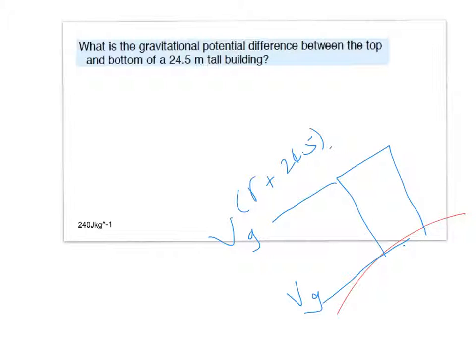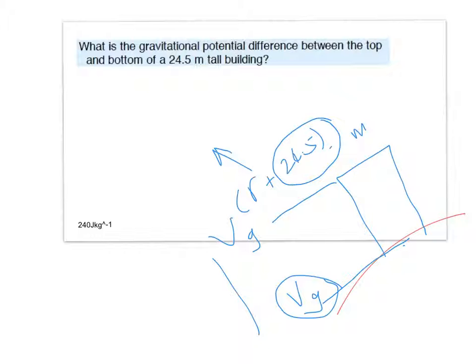Now you'll be saying, hang on a second, we've already worked this out. We got 62 point something. Now you have to do it again because the significant figures that you were using are such that by adding 24.5 meters to the radius of the Earth, which is a humongous amount, you won't register a difference in your potential.